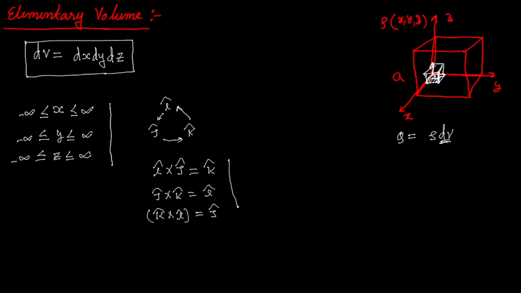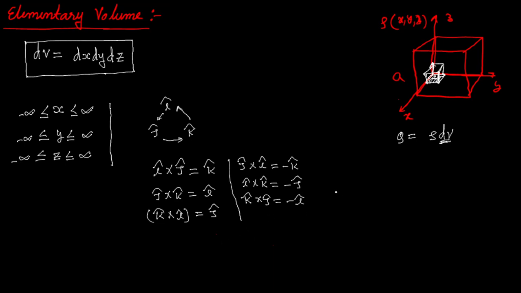But if you reverse the direction, like if you take the cross product of j cap with i cap, that will give you minus k cap. The cross product of i cap with k cap will give you minus j cap, and the cross product of k cap with j cap will give you minus i cap.